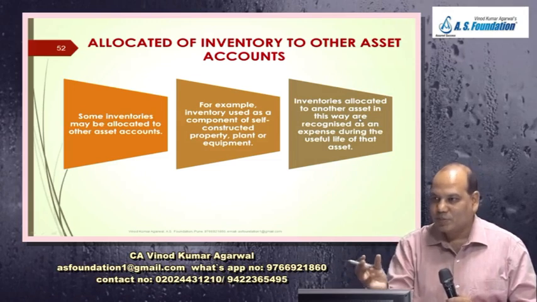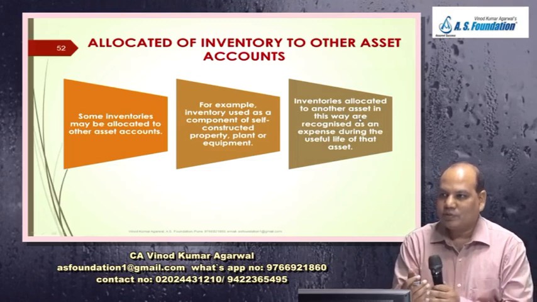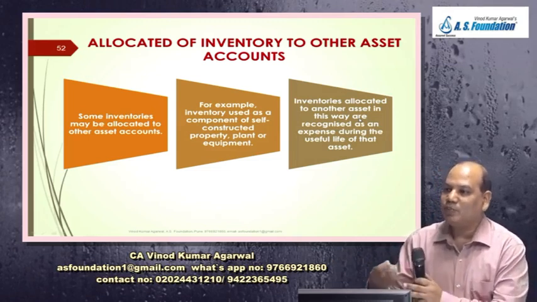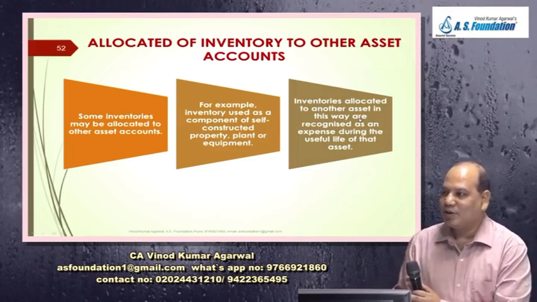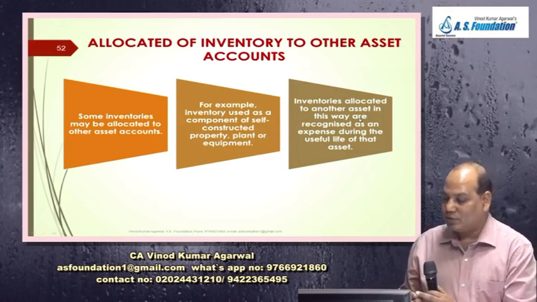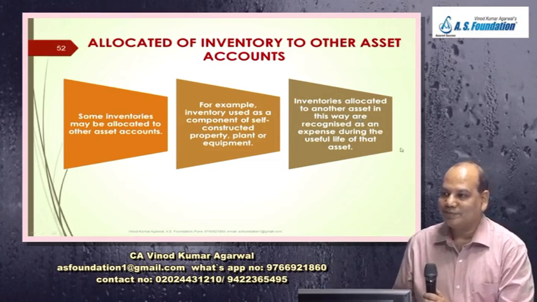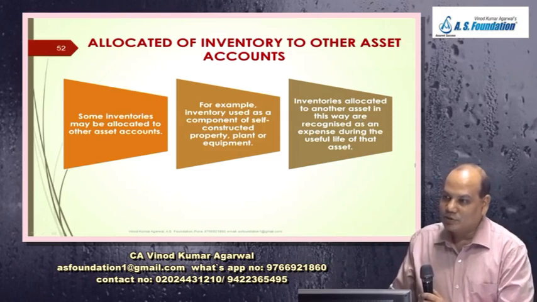You may be doing some experiment, so for that you might require some inventory which is used for developing, producing, doing some research, and which is eligible for capitalization. In IAS 38 you will see cost of intangible may include some material cost also. You might use it for R&D purpose also.